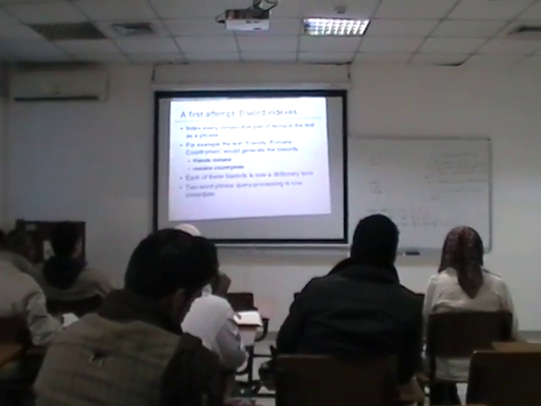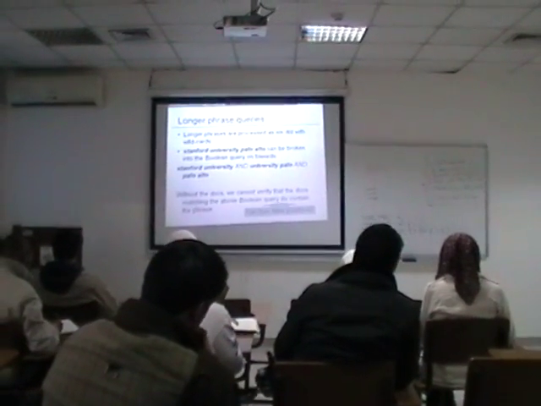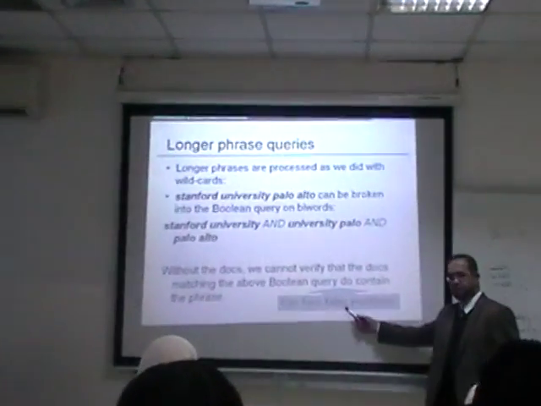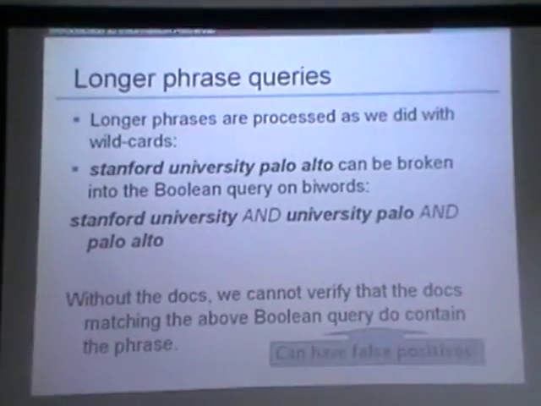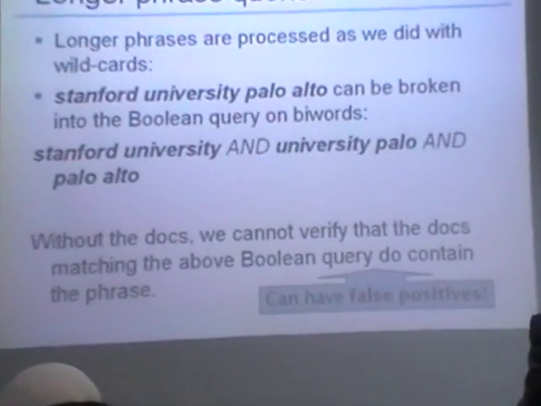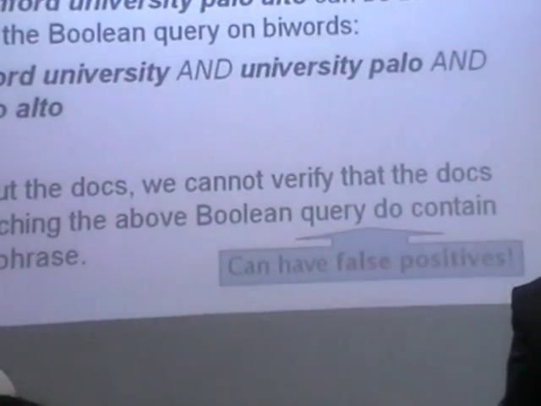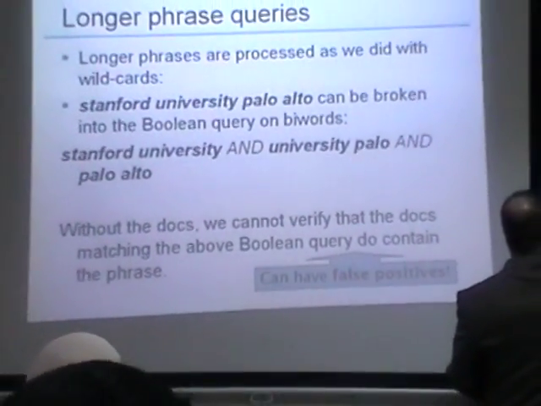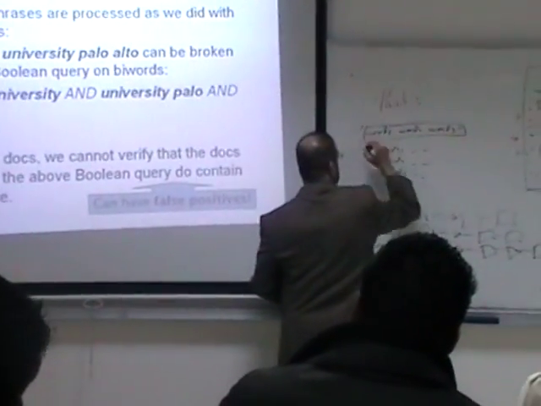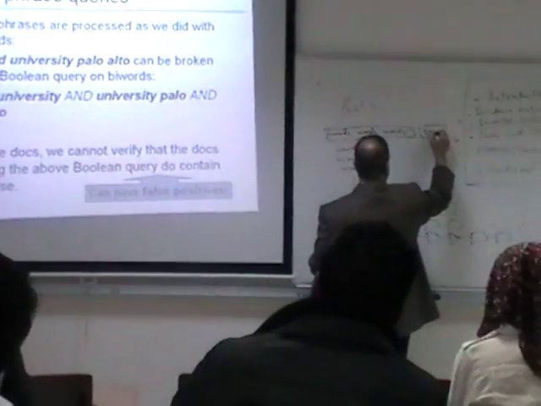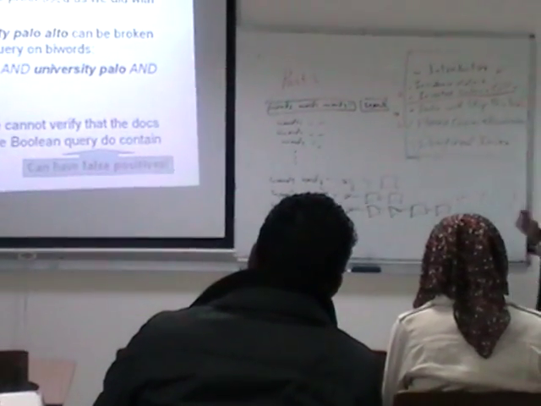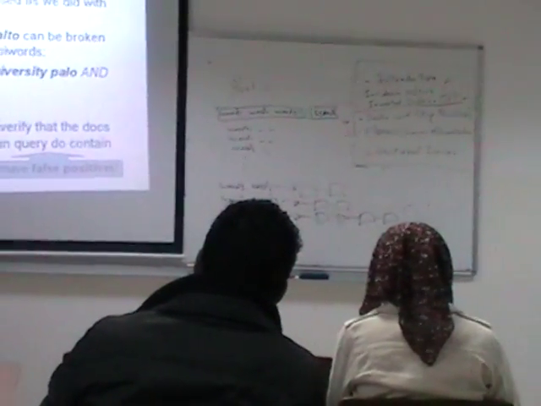Another problem is something we called, when we covered the lecture, false positives. False positives is when a user issues a query like this, quote, word 1, word 2, word 3, quote, search. And we only have biword indexes. We don't have 3-word indexes.